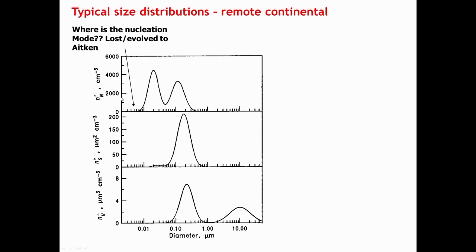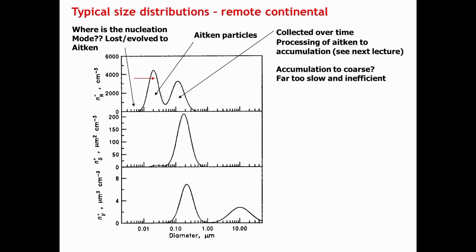But in these cases, either there weren't any formed, or the nucleation mode has been eaten up by being scavenged or evolving into the Aitken mode. So they're the Aitken particles, and they're the accumulation mode particles.